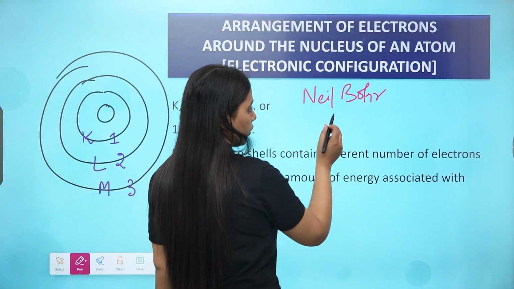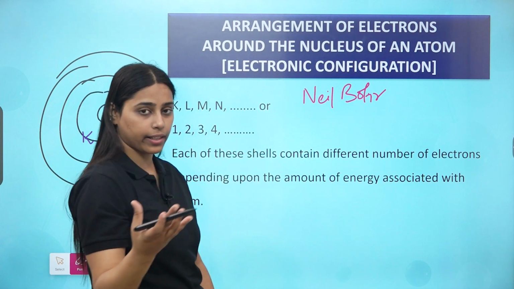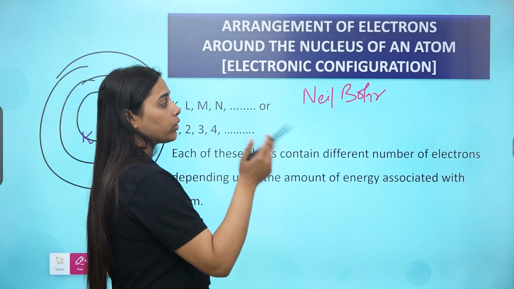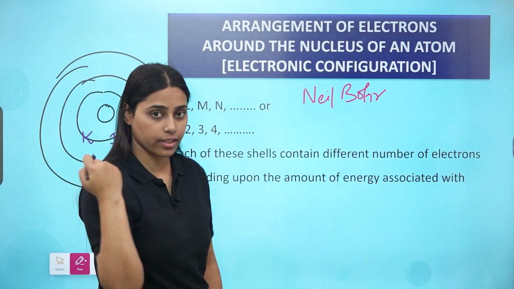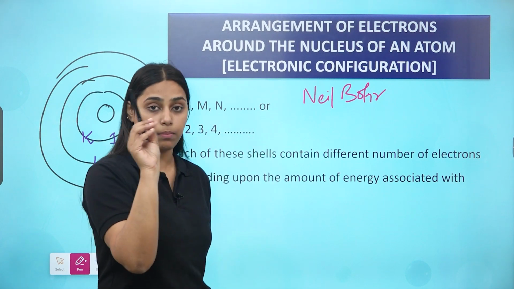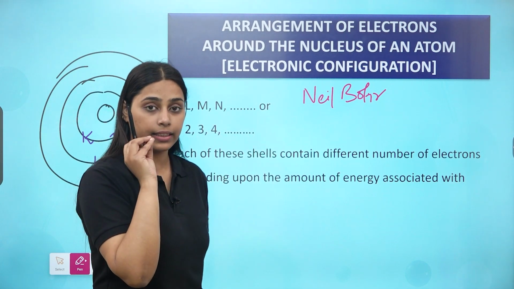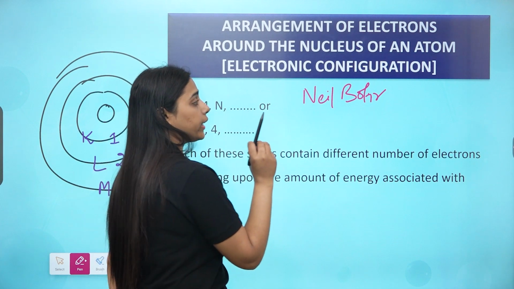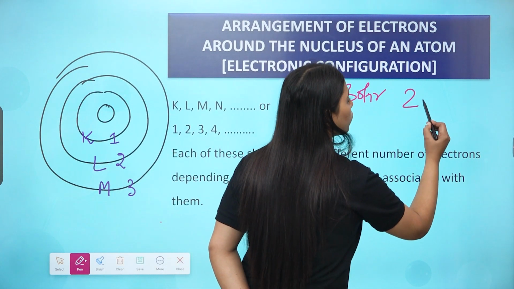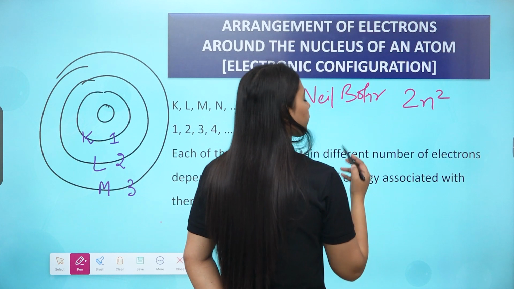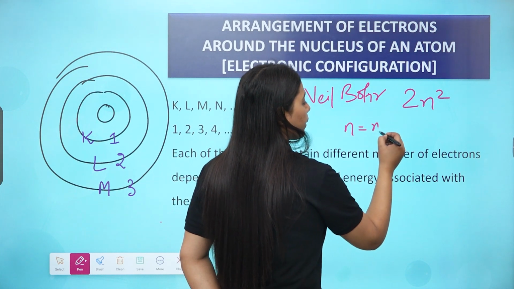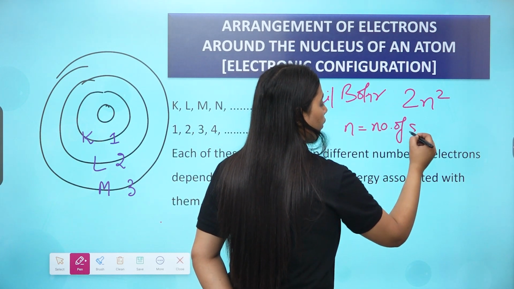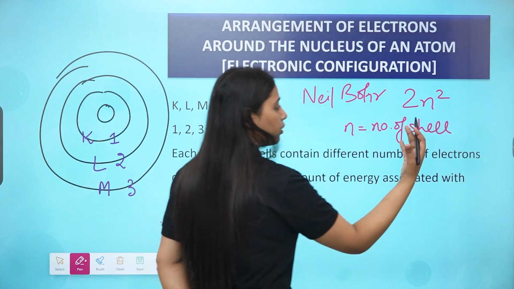In the 19th century, he studied the structure of the atom and said that electrons revolve in these energy shells, and the number of electrons present in these shells will be calculated by the formula 2n square. This n is the number of the shell, either first, second or third.